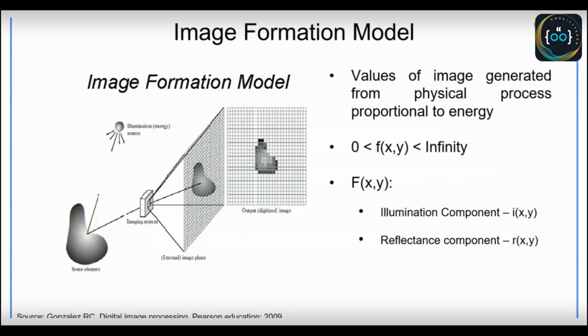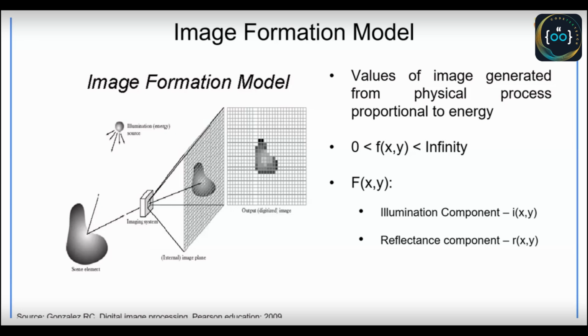When an image is generated from a physical process, its values are proportional to the energy radiated by a physical source, basically electromagnetic waves. Hence, f of x, y must be non-zero and finite. That is, f of x, y lies between 0 and infinity.